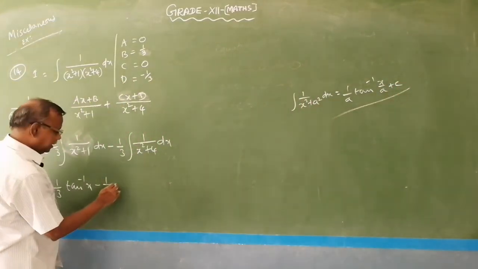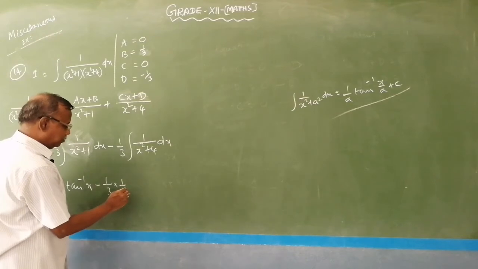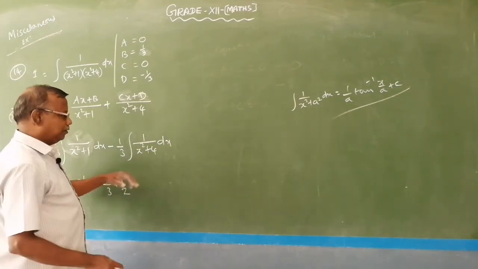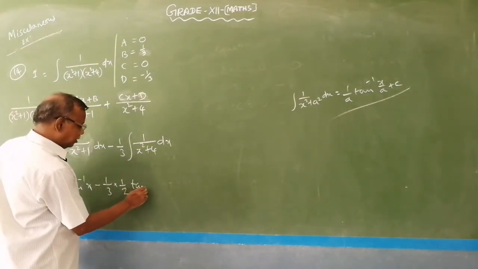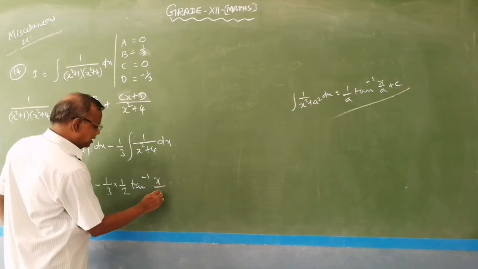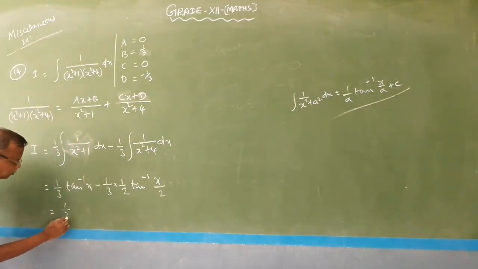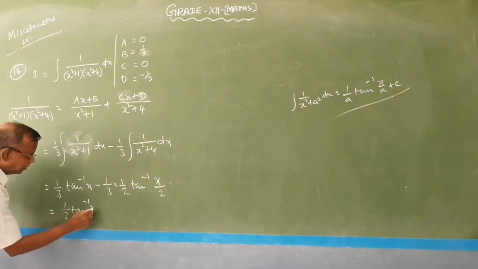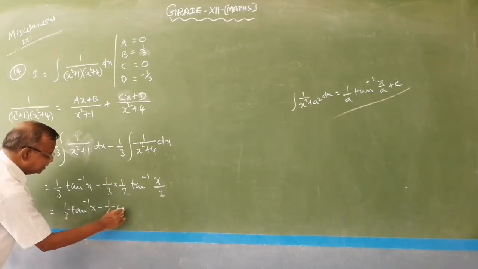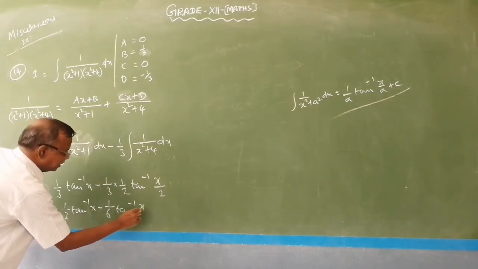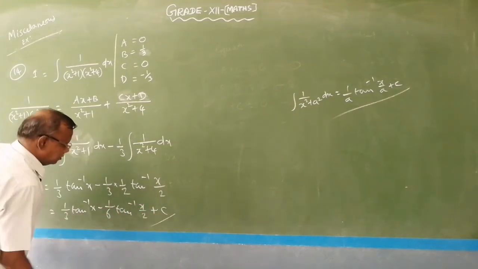Accordingly, it is 1 by 3 into 1 by a means 1 by 2, because a square is 4, a equal to 2. It is tan inverse of x by a means x by 2. Now, this is equal to 1 by 3 tan inverse of x minus 1 by 6 into tan inverse of x by 2 plus c.